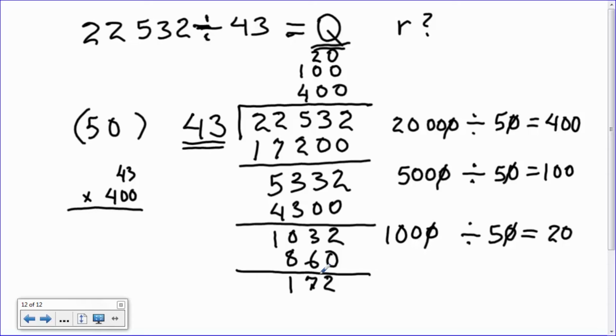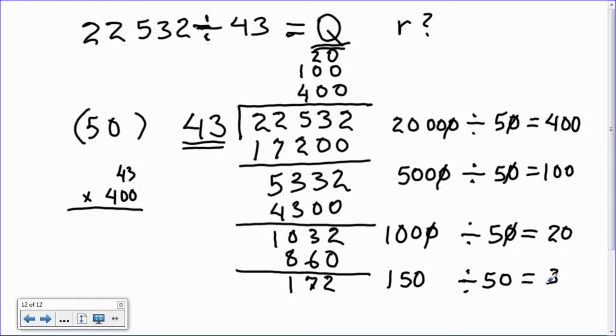But some of your kids will want to play it safe and say, okay, I don't know that one. I'm going to divide it by 50. So I'm going to pick a number here that's easily divisible by 50, which is 150. It's smaller than 172. 50 fits into 150 3 times.